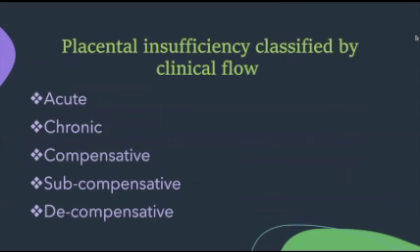Regarding its course, the primary and secondary fetoplacental insufficiency are divided into acute, chronic, compensated, subcompensated and decompensated forms. In the pathogenesis of acute fetoplacental insufficiency, acute disorder of the placental perfusion plays a great role.